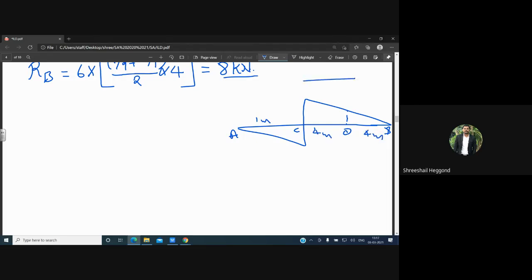There is UDL acting completely of 6 kilonewton per meter. Distances are known, so you can calculate values. I can write the coordinates to be y1, y2, and y2. These are the shear force ordinates, and then you can go for finding out the shear force value.